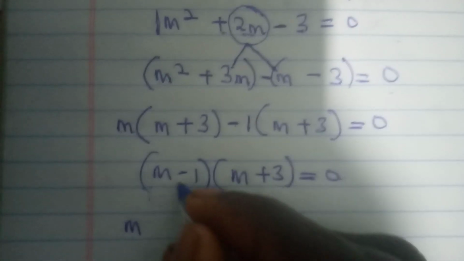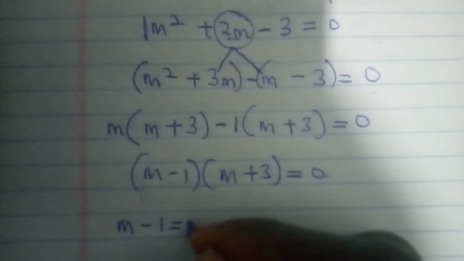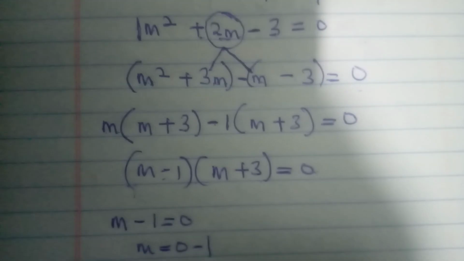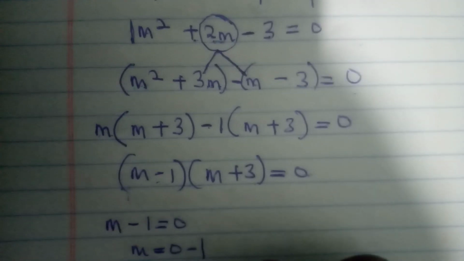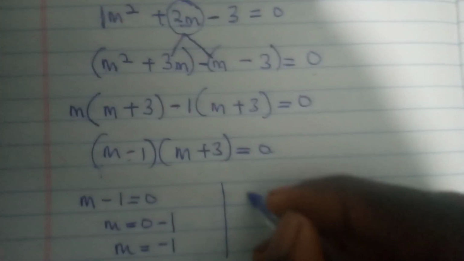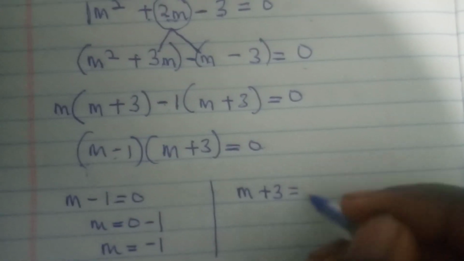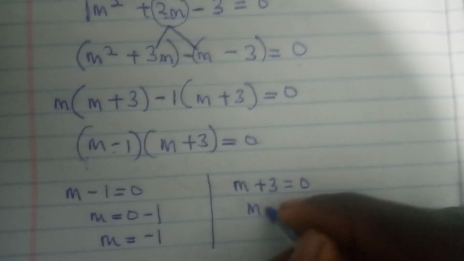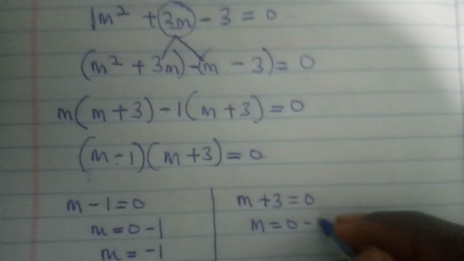So for this bracket, m minus 1 is equal to 0. m is equal to 0 plus 1. So we say m is equal to 1. Then we also do the same for m plus 3 is equal to 0. So m is equal to 0 minus 3.